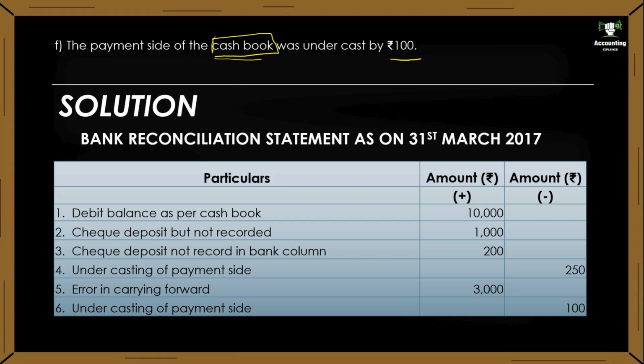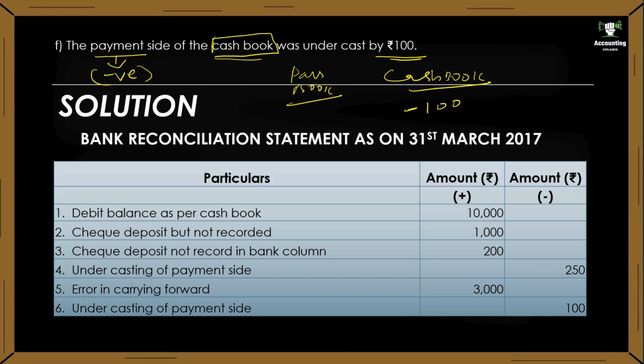Coming to the transaction, the payment side of the cash book was undercast by 100. Payment side means what is that? Negative side. Okay. So that is undercast. So your cash book is here and your passbook is here. In the cash book, the payment side is undercast. So you have to reduce this cash book. Undercast means they have not shown it on the payment side rupees 100, or they have shown rupees 100 less on the payment side.